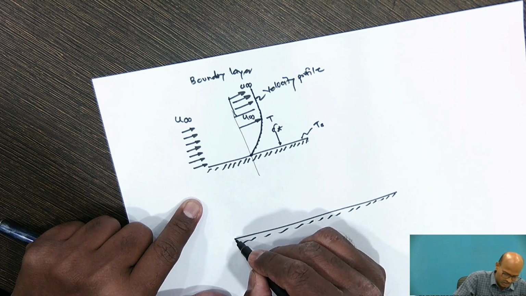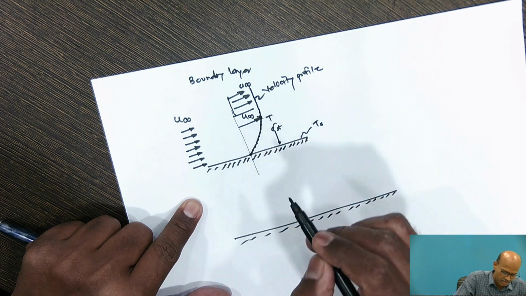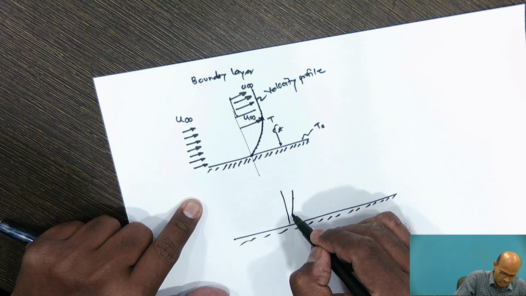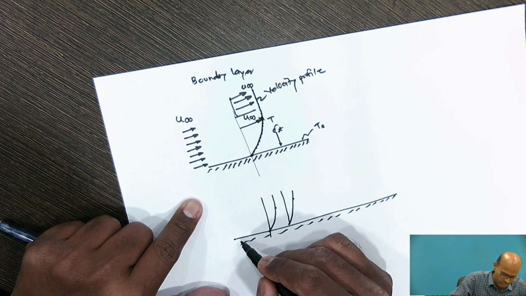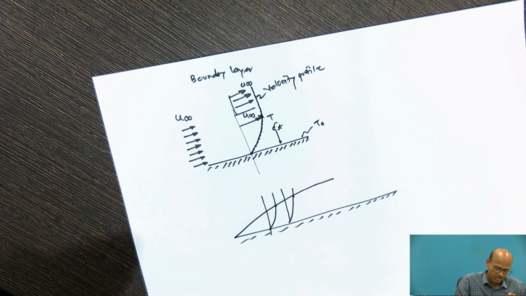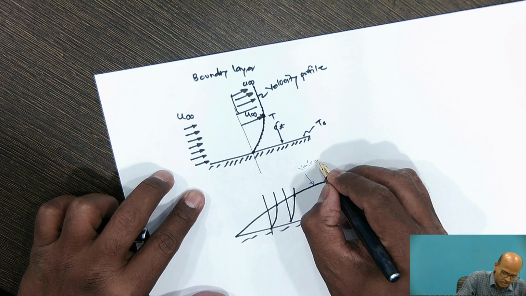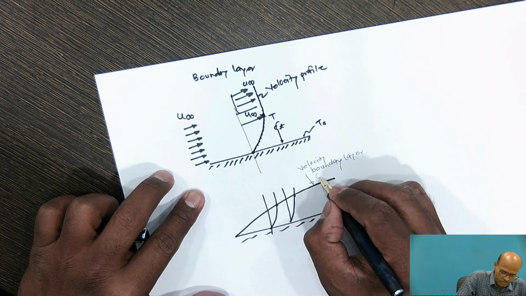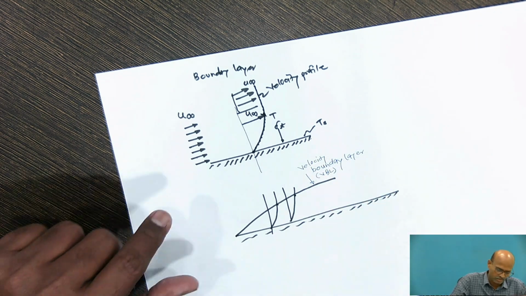I will join all these boundary layer thicknesses at each location, somewhere here, and here in this fashion. This profile is called the velocity boundary layer, in brief VBL.